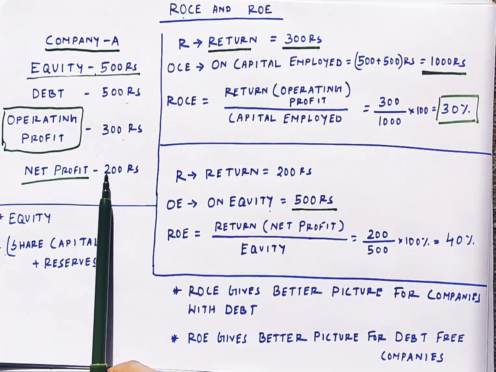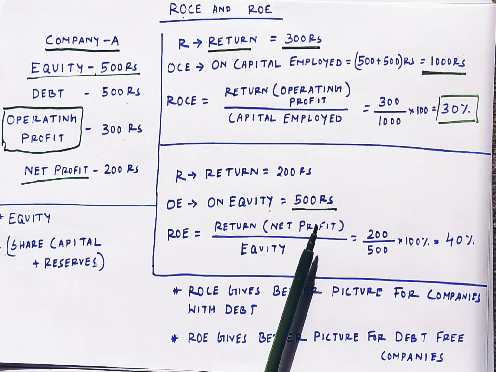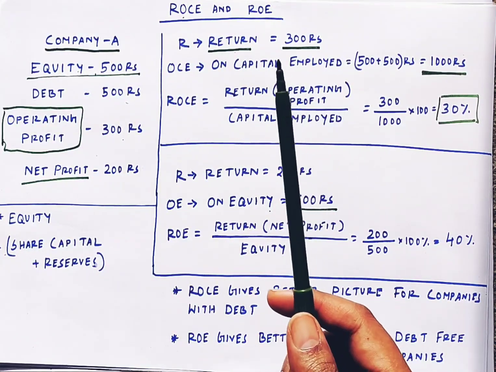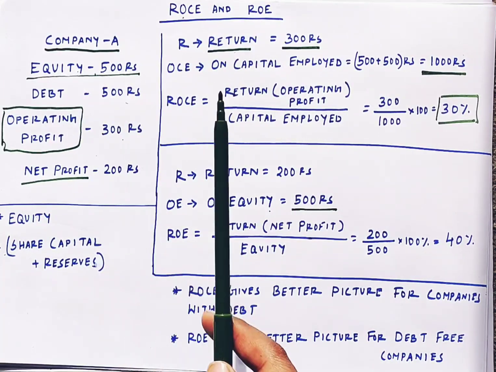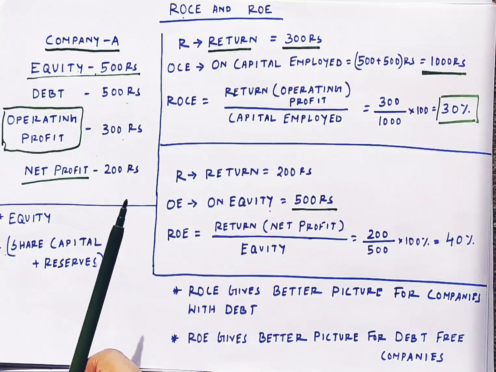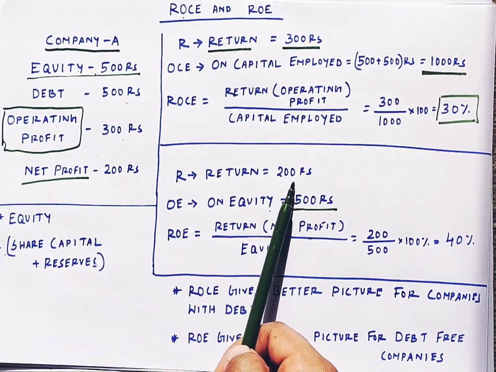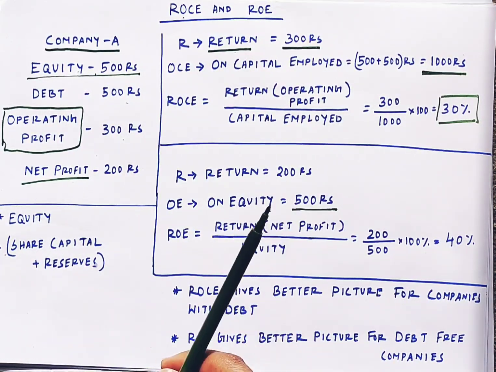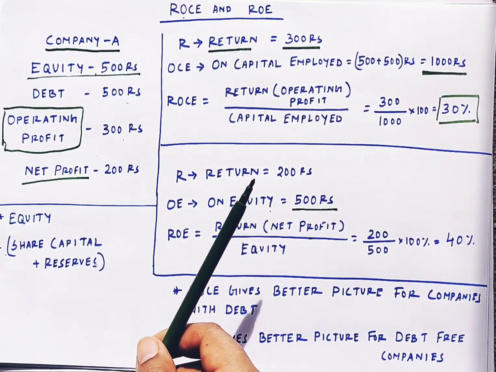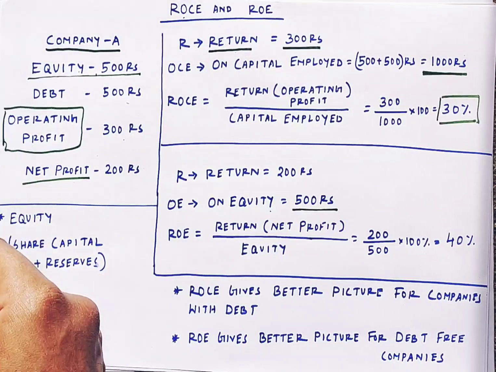And then, let's say out of 1300 rupees you have earned, you have paid interest on your debt, and then tax and other expenses. That becomes your net profit. So that means 1200 rupees you have earned on your initial investment of 1000 rupees, which was equity plus debt.